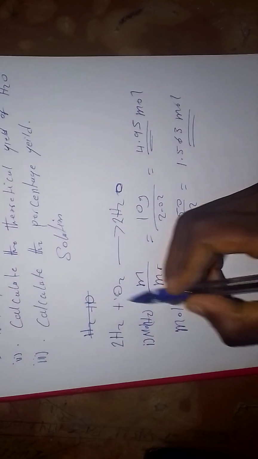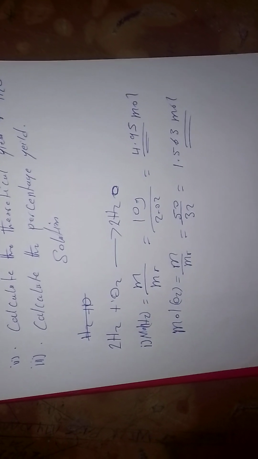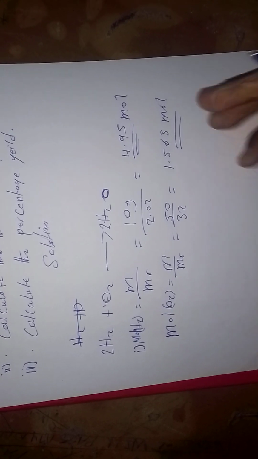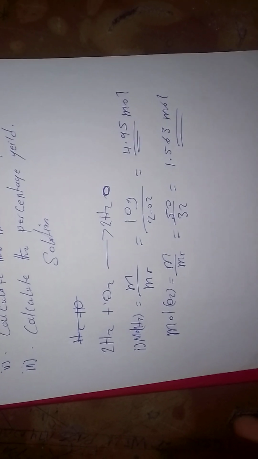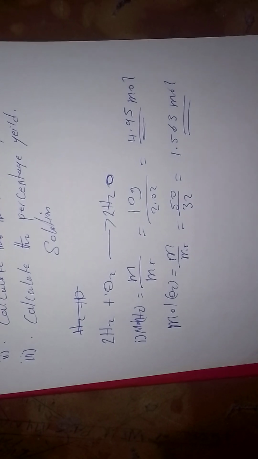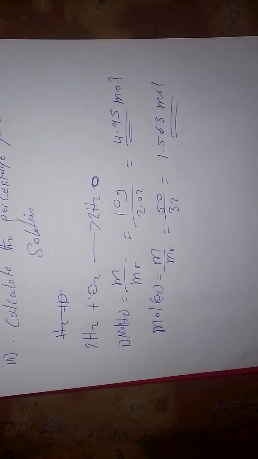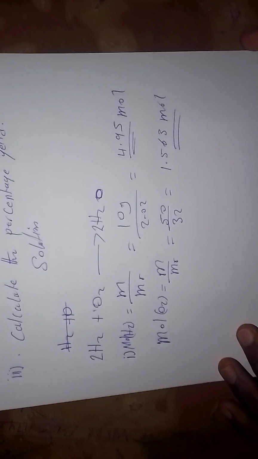Yes, it's 1 here, that's why we don't even write it. The one which is going to have the smallest number is going to be the limiting reagent.